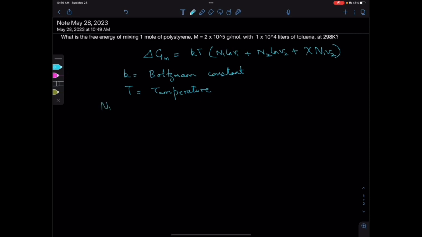N1 and V1 are the number of molecules and volume fraction of the solvent.